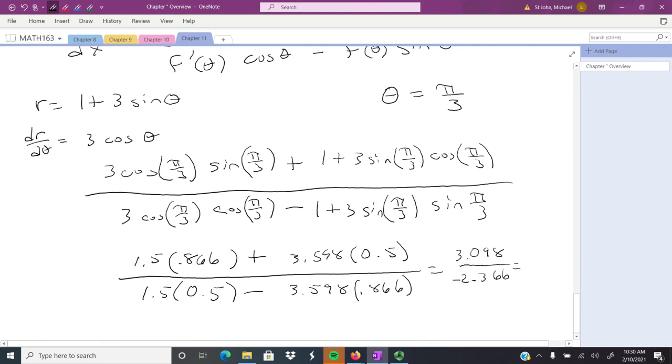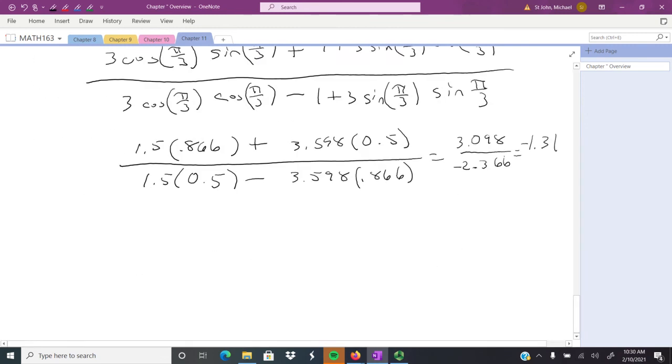And so 3.098 divided by the negative 2.366, we get a slope of about negative 1.3 at that point. So that would be the slope of my tangent line at that point.